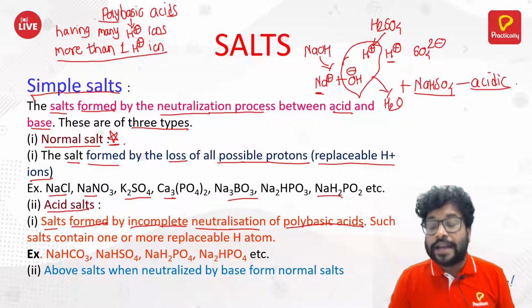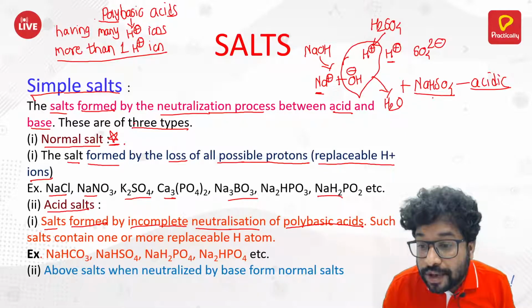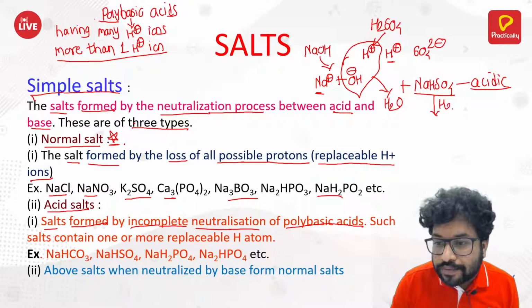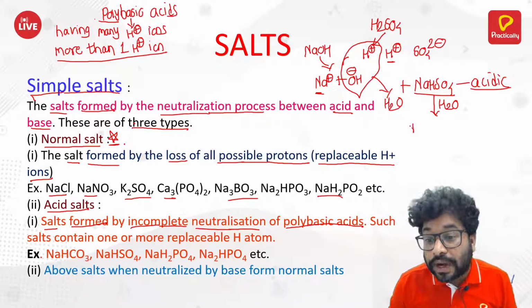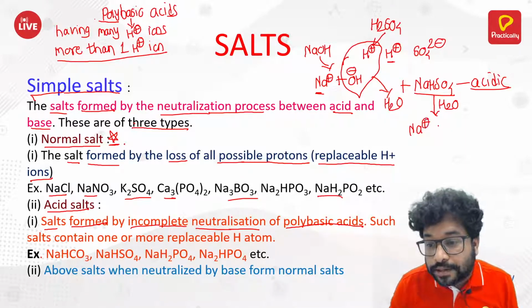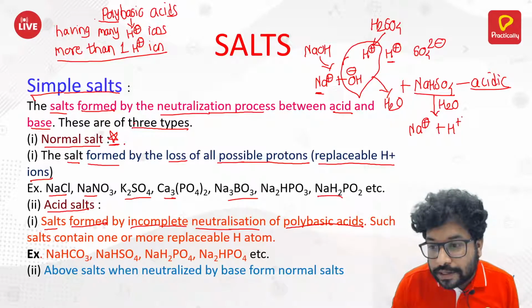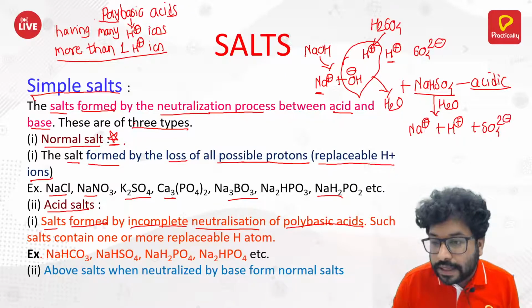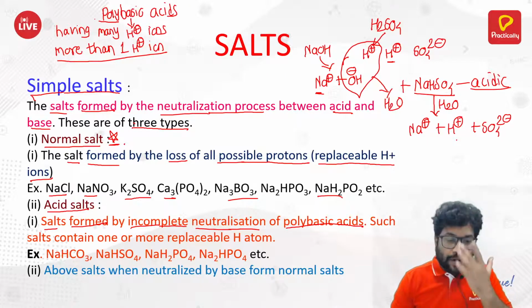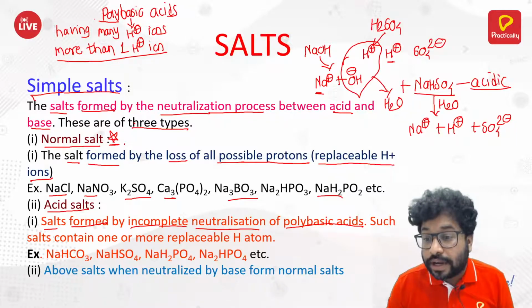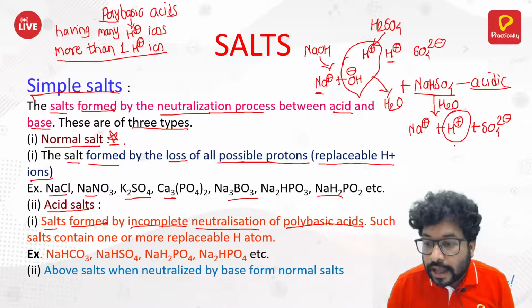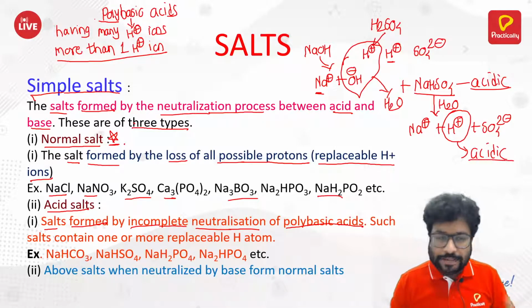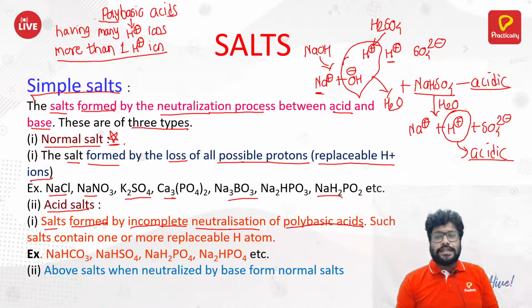Now you would ask, why is it an acidic salt? Because when you dissolve this in water, it will give you Na plus, H plus and SO4 2 minus. Whenever you dissolve acidic salts in water, they give you H plus ion, and that H plus ion is nothing but acid.